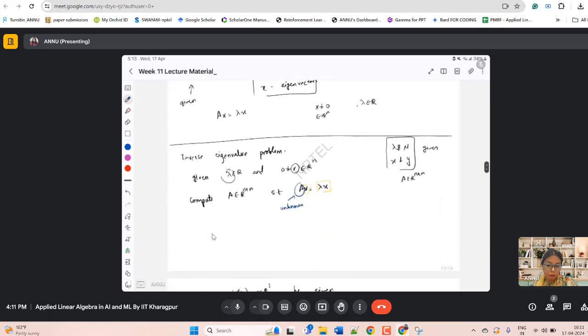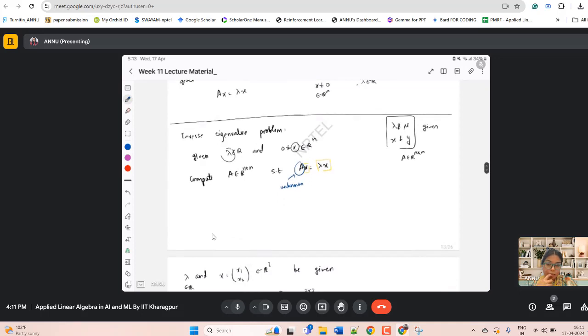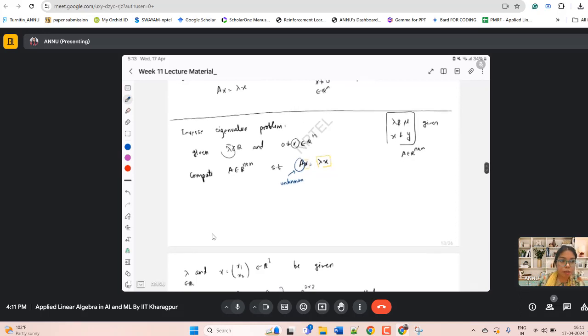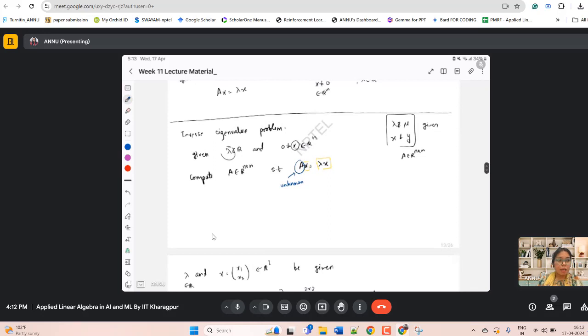Now consider the inverse eigenvalue problem. If we have the eigenvalue lambda and the eigenvector x given as a pair, how would you compute A?